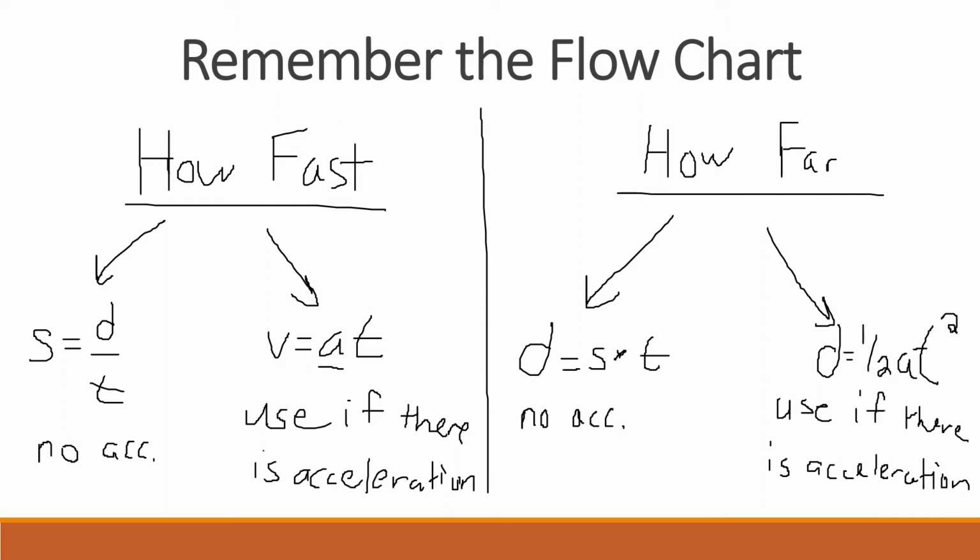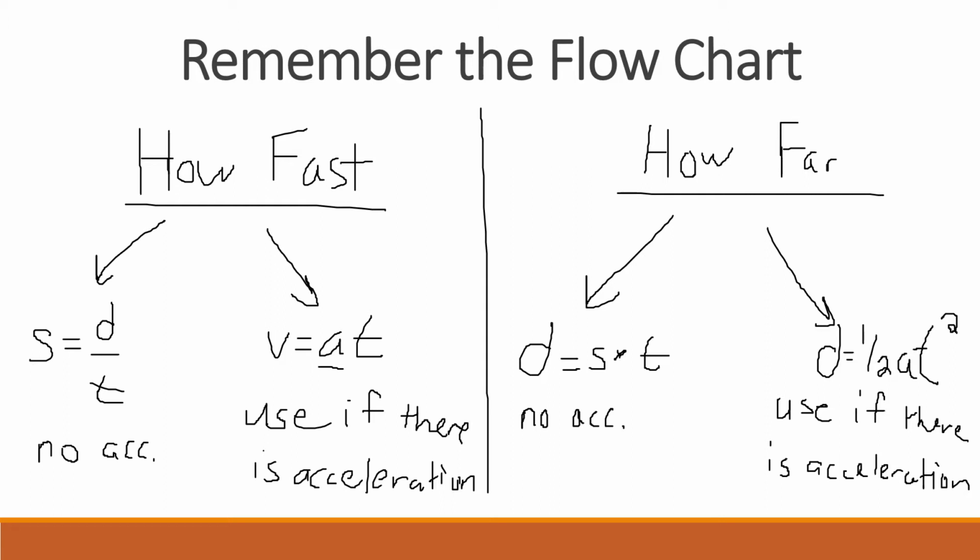So if you were saying, Bozzuto, I'm so lost, I don't even understand what's happening, let's break it down. When a question says how fast, you're using either speed or velocity. And then you are going to keep reading that question to see if there's an acceleration. If there is an acceleration, you're going to use velocity equals acceleration times time.